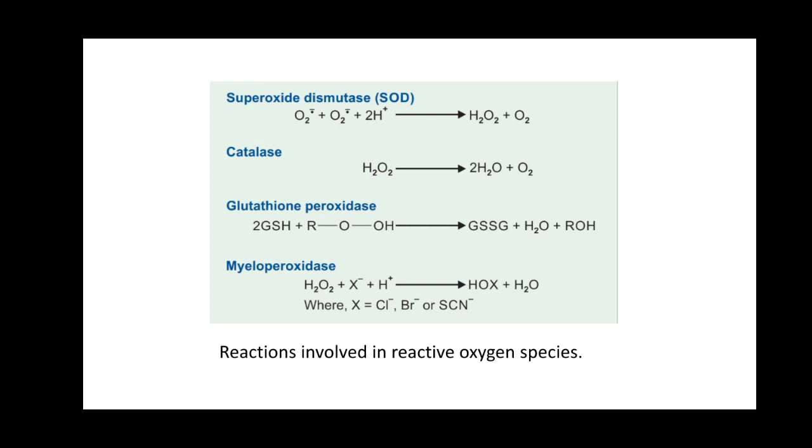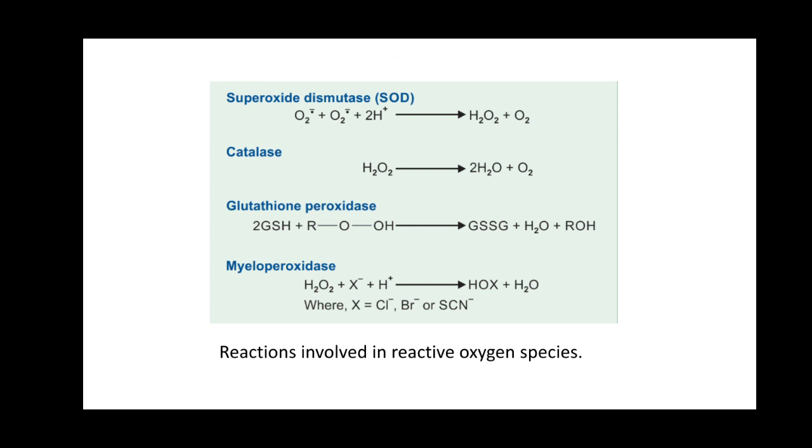Next, the enzymes involved in reactive oxygen species reactions are superoxide dismutase, that is SOD, catalase, glutathione peroxidase, and myeloperoxidase. Here the oxygen free radicals are further converted to water molecules or hydrogen peroxides.